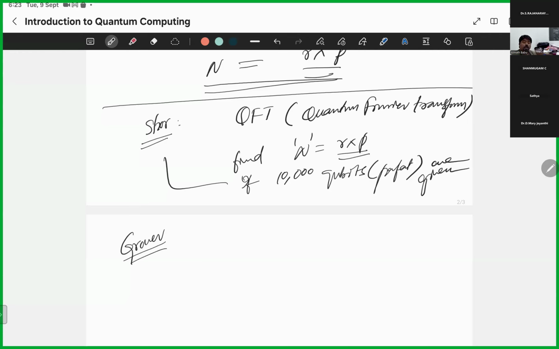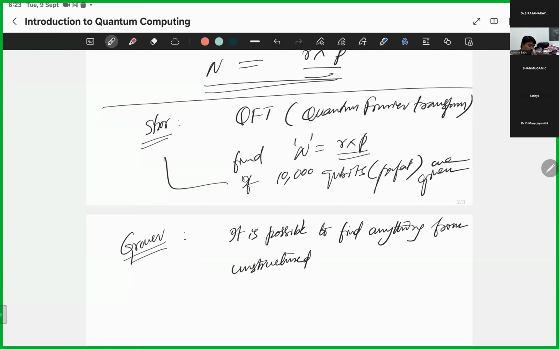He said it is possible to find any item from unstructured data in quadratic speed.